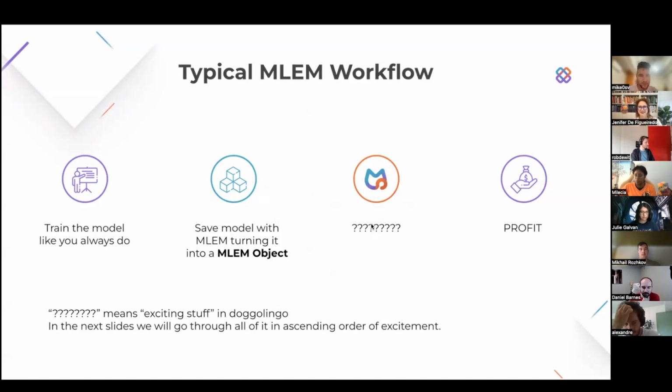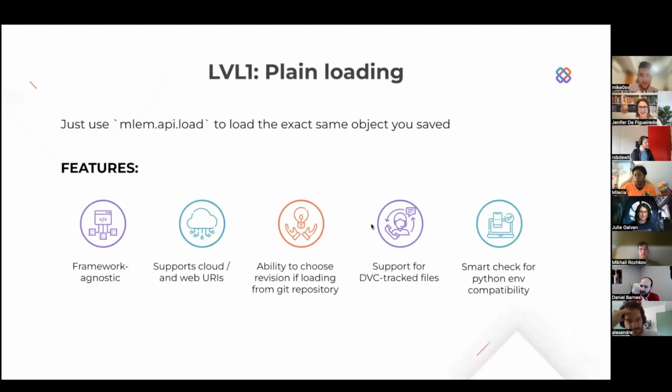So I will tell you about all the exciting stuff in ascending order of excitement. So the first level is plain loading. Of course, if you saved your model, you can load it. And for that, we have MLEM load. The first level is plain loading. If you saved your model, of course, you are able to load it back, and you will get exactly the same object that you saved.